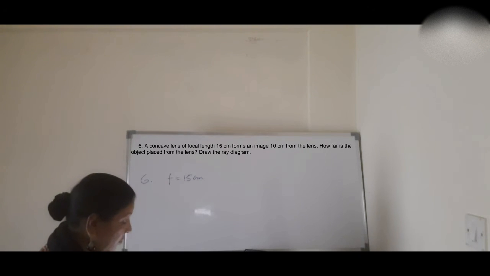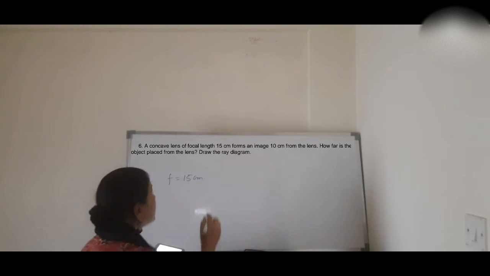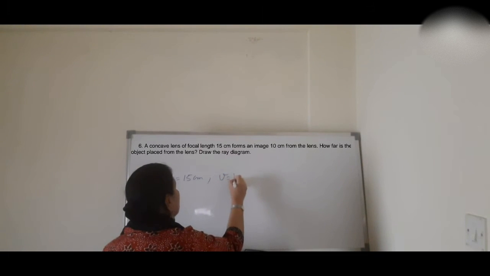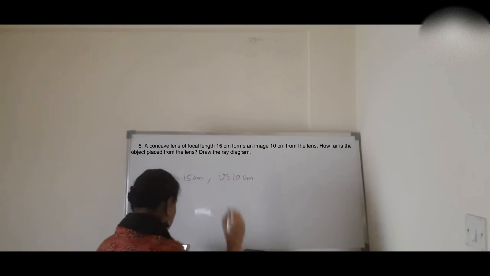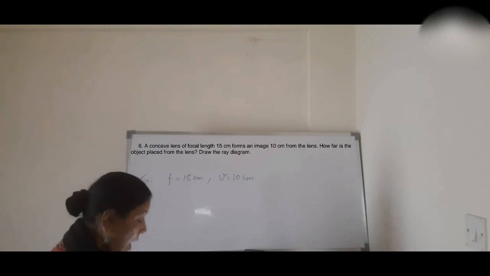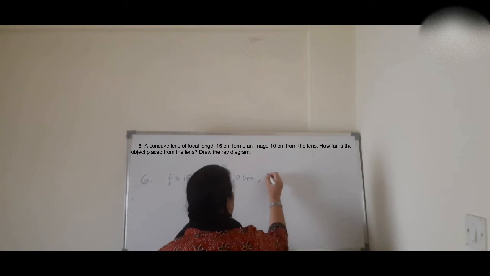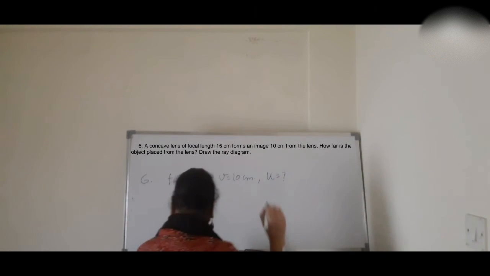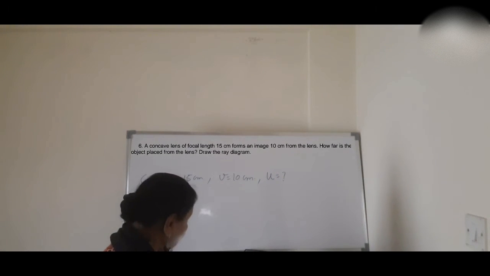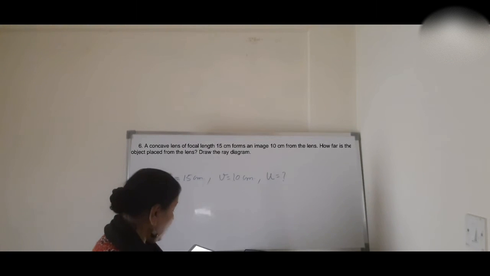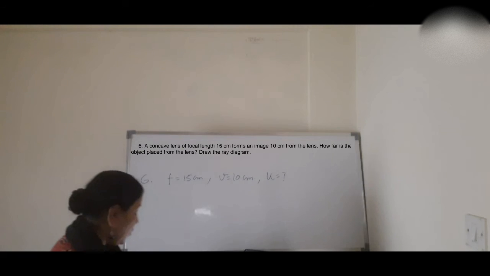So V is 10 centimeter from the lens. How far is the object placed from the lens? You have to find U, the position of the object. Draw the ray diagram. So we have to draw the ray diagram also.